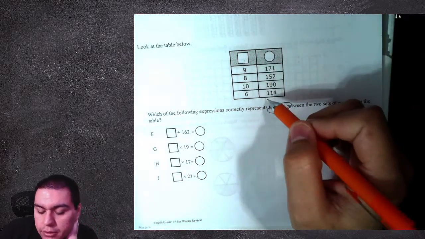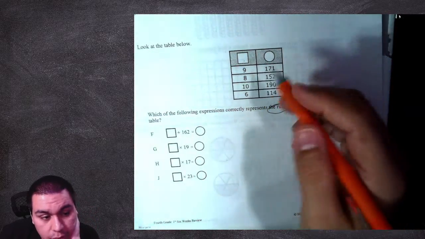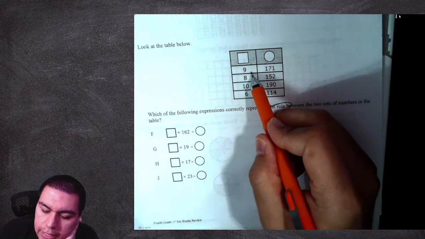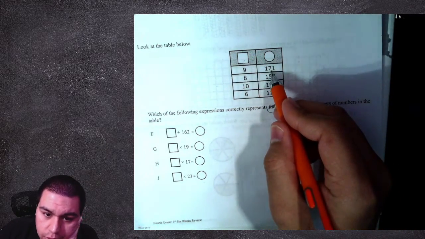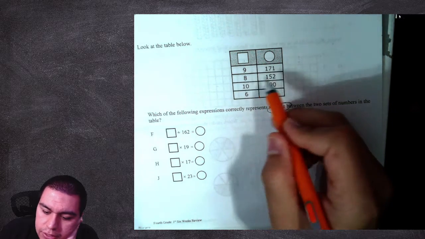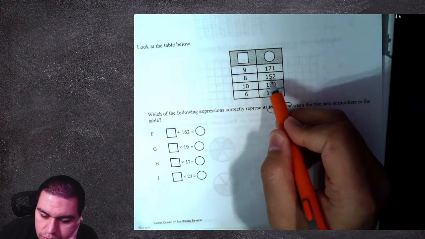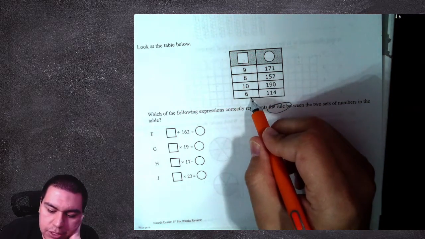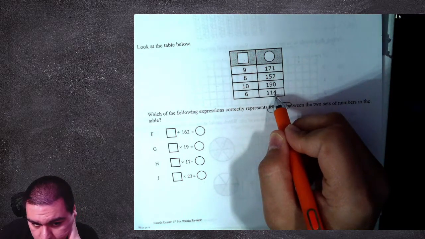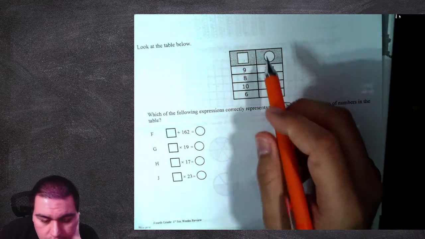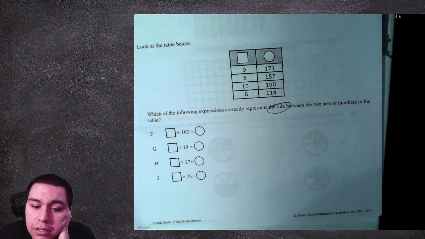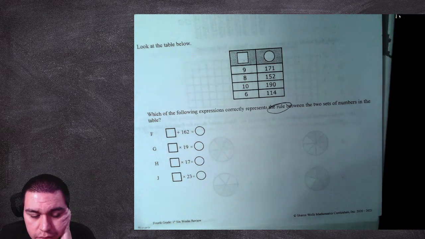So first I need to figure out what's happening to my numbers. 9 changes into 171. 8 changes into 152. 10 changes into 190. 6 changes into 114. Are all of my numbers getting bigger, or are all of my numbers getting smaller? What's happening to them?